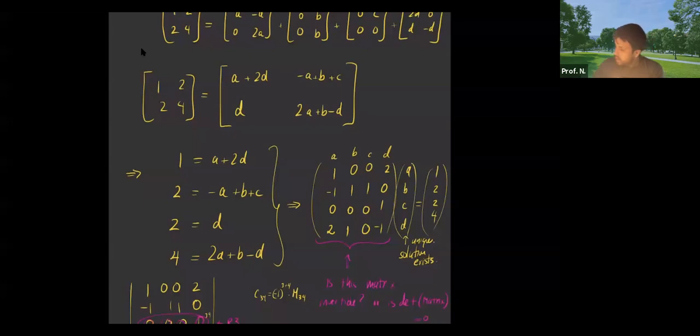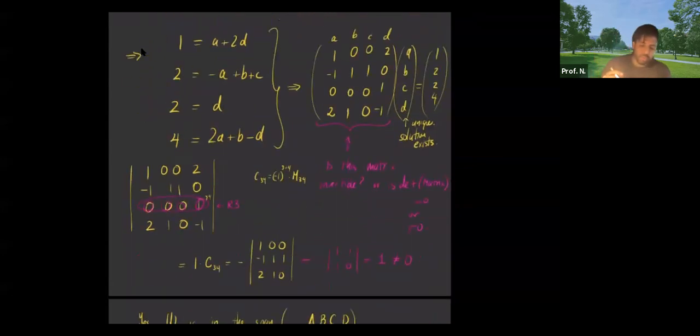Okay, let me see if I can do one more of these, and then we'll move on to linear independence. I'm going to do a polynomial example, and then hopefully you can fill in the gaps yourselves. So suppose I have polynomials in P2. Remember, P2 is the set of all polynomials that are of degree less than or equal to 2.